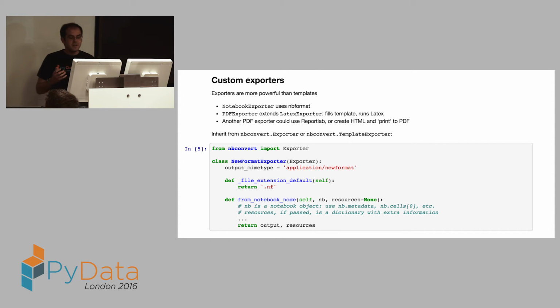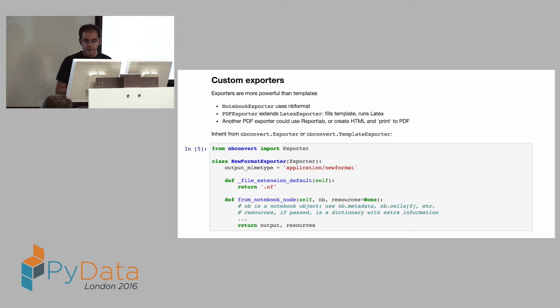So yeah, the notebook exporter that I showed for converting between versions of notebooks and things, that doesn't use a template. That uses our nbformat library to write a notebook file directly. The PDF exporter, actually subclasses, we're back, excellent, thanks.